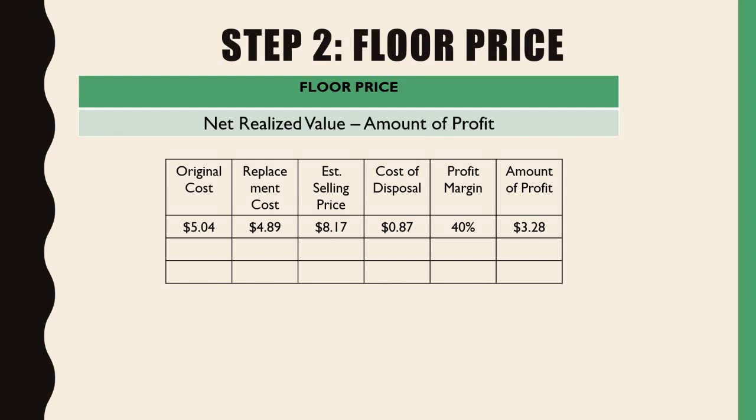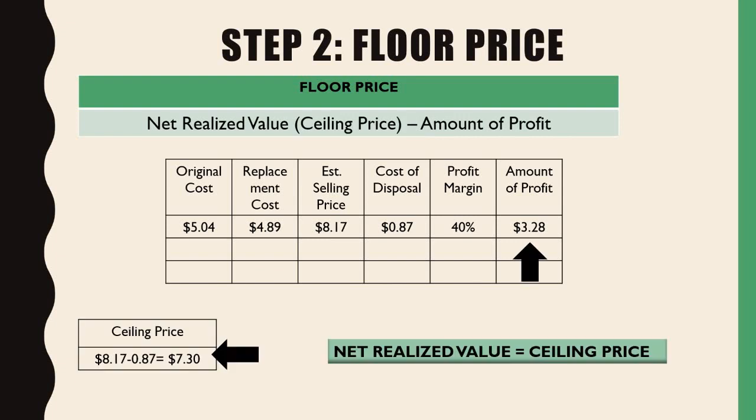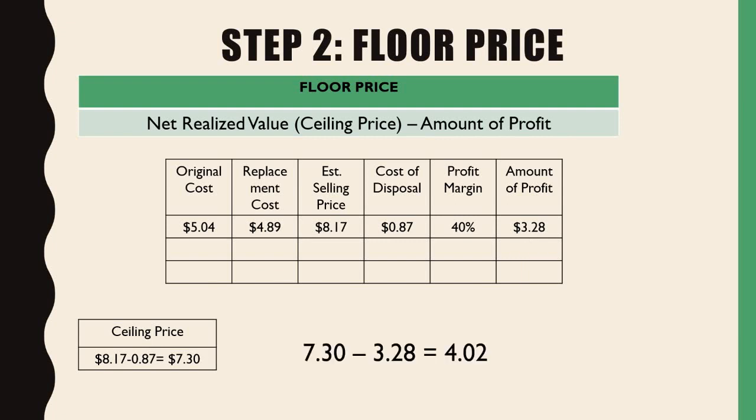So in this case, you're going to take your ceiling price and subtract out your amount of profit. Your net realizable value is the same thing as your ceiling price. So in this case, $8.17 minus 87 cents gives you $7.30. So that's your ceiling. I'm going to take that ceiling of $7.30 and now subtract that $3.28. And that's going to give you your floor price of $4.02.